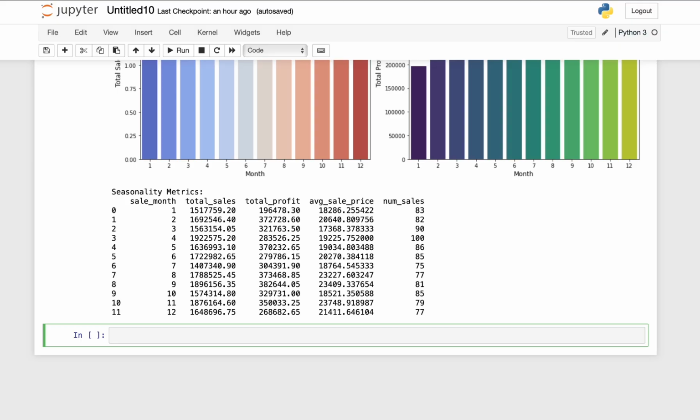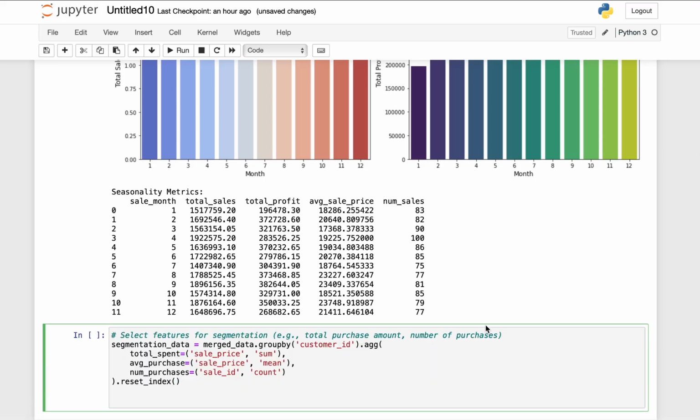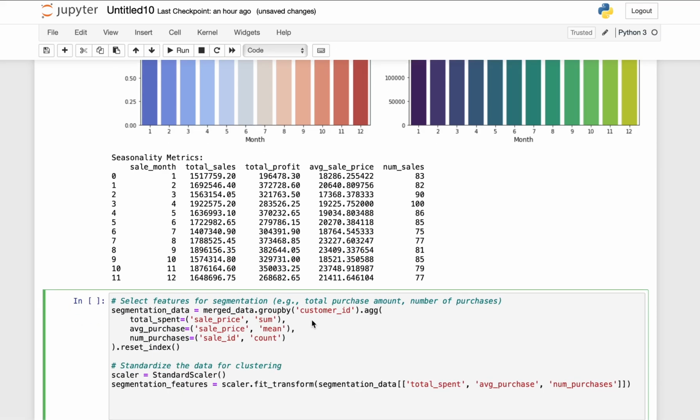Okay, let's do a customer segment distribution. And we're going to standardize the data for clustering. Let's go ahead and apply the k-means clustering.